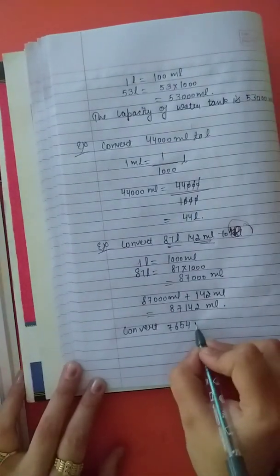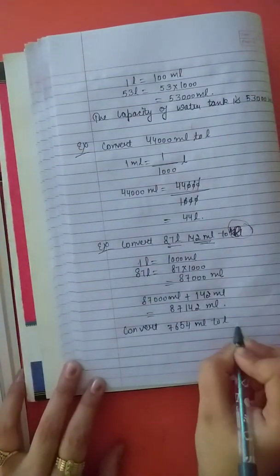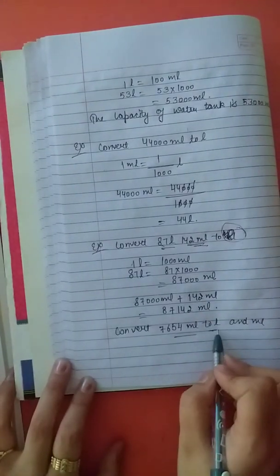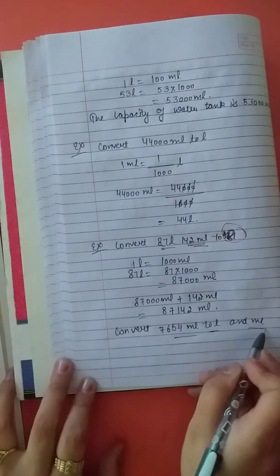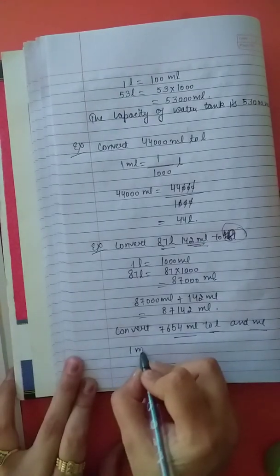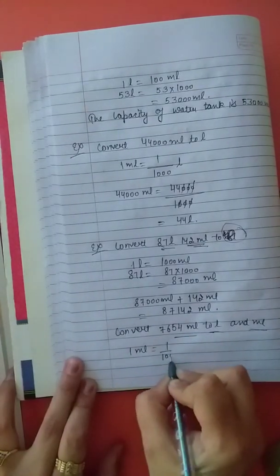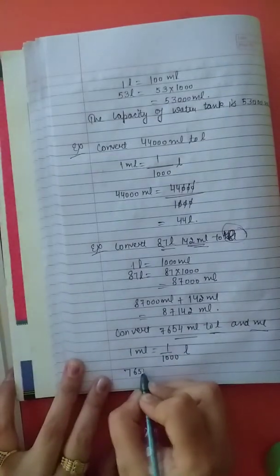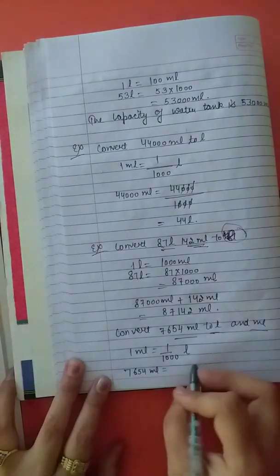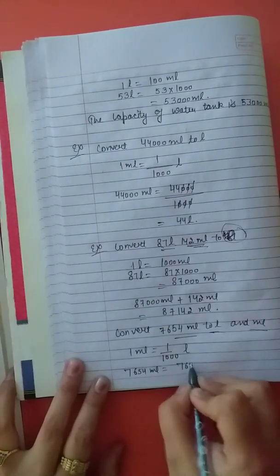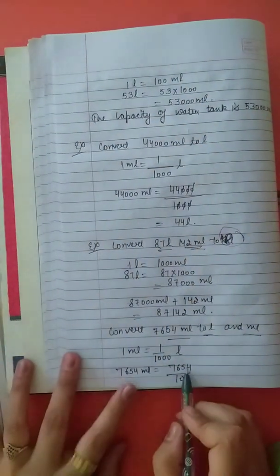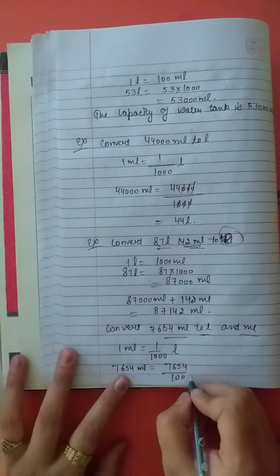Now next is convert 7,654 milliliter to liter and milliliter. Firstly we convert into liter, then the remaining into milliliter. So 1 milliliter is equal to 1 upon 1000 liter, and 7,654 milliliter is equal to 7,654 divided by 1000.